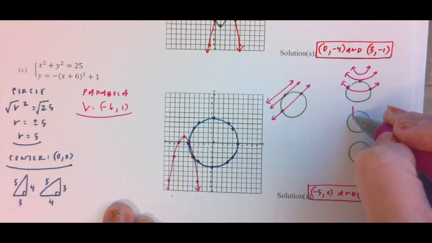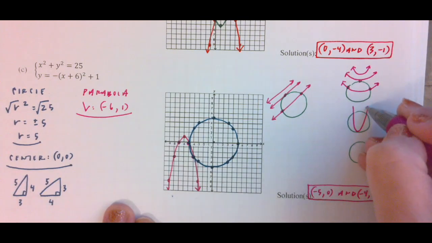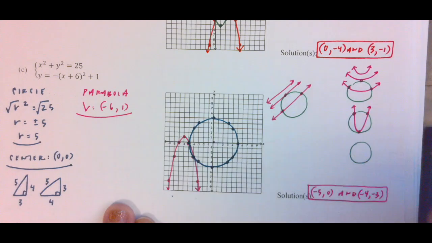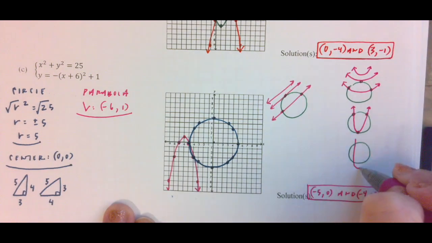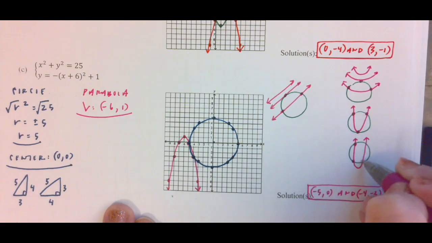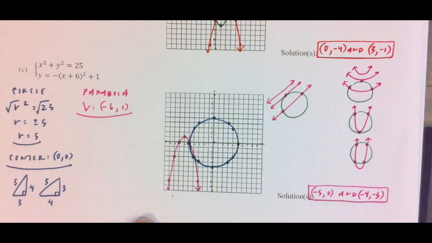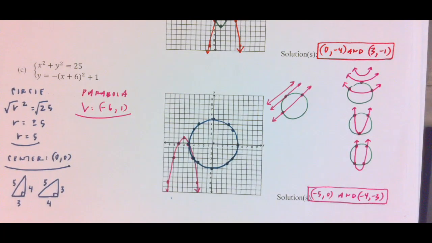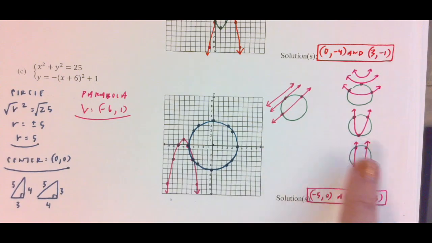I could have 3 intersections, like that. Or I could even have 4 intersections like that. So lots of possibilities with intersections with circles, whether it's a line or with a parabola.